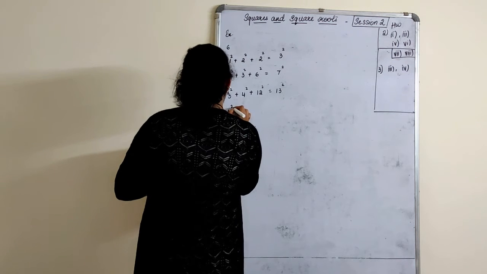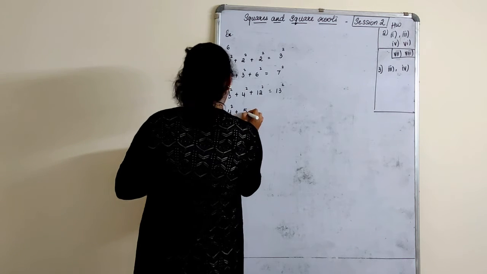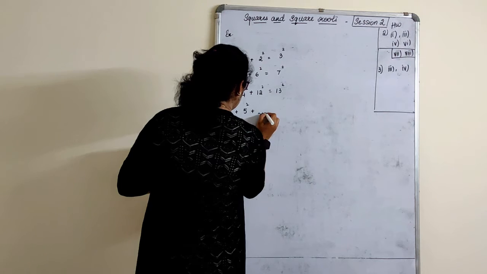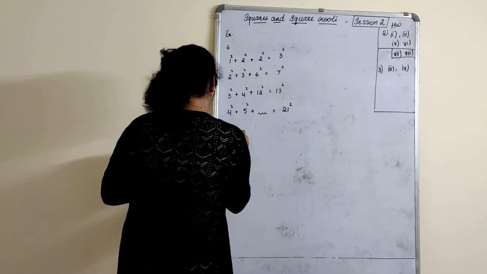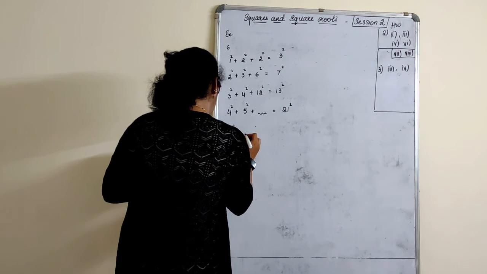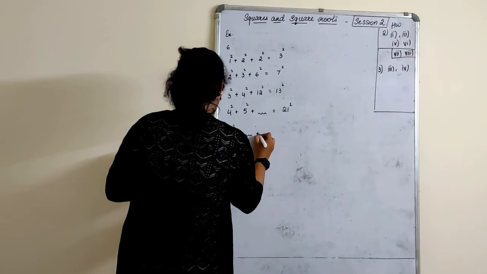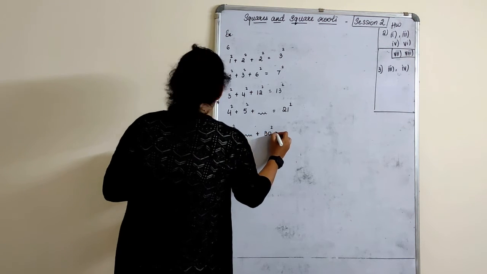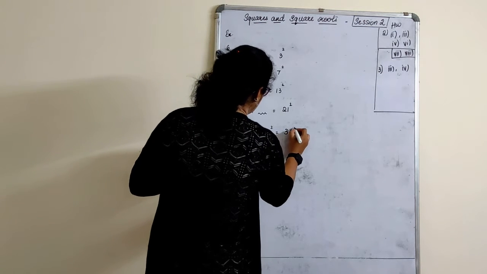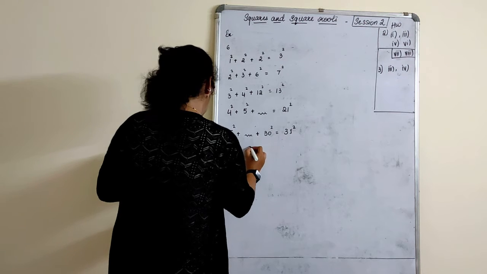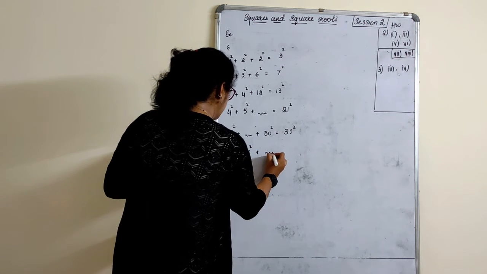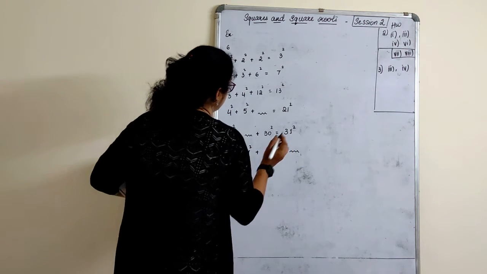Then we have 4 square plus 5 square plus dash is equal to 21 square. 5 square plus dash plus 30 square is equal to 31 square. 6 square plus 7 square plus dash is equal to dash.